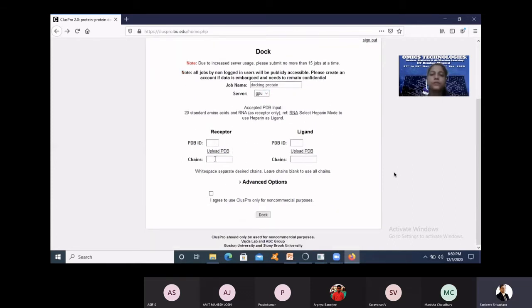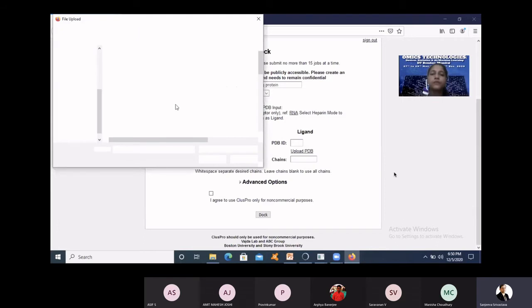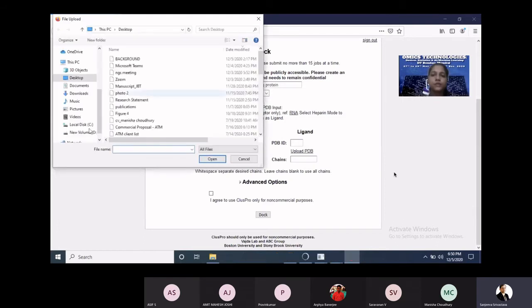We'll go to receptor and upload a receptor protein, which in this case is the tissue factor. If you remember, in the blood coagulation mechanism, I showed that factor 7A and tissue factor both interact. That is a complex they form, and only then factor 10 gets activated. So we will take those two proteins.